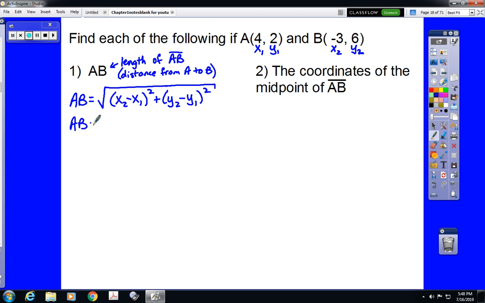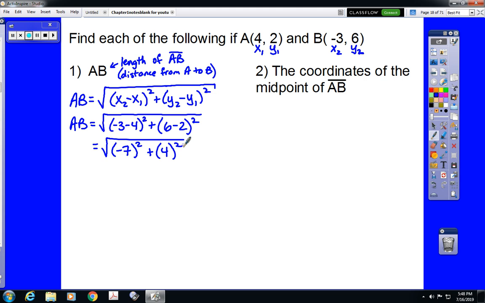So that would be negative 3 minus 4 quantity squared plus 6 minus 2 quantity squared. That would be negative 7 quantity squared plus 4 quantity squared. Negative 7 squared is 49. 4 squared is 16. Which means we're looking at the square root of 65.